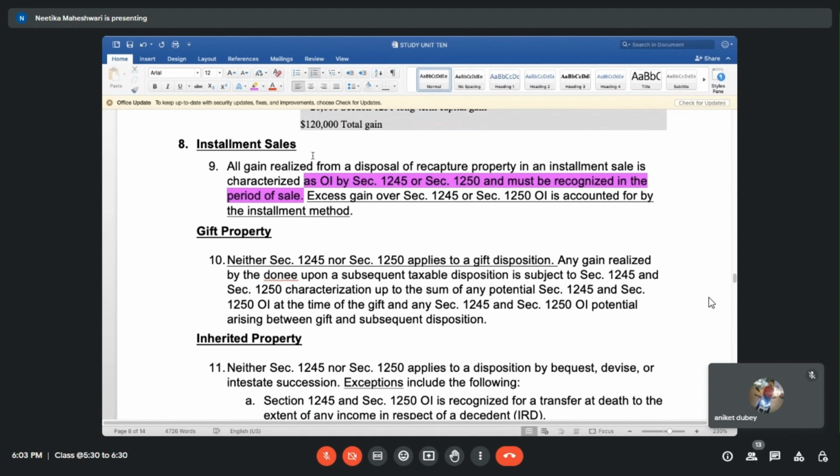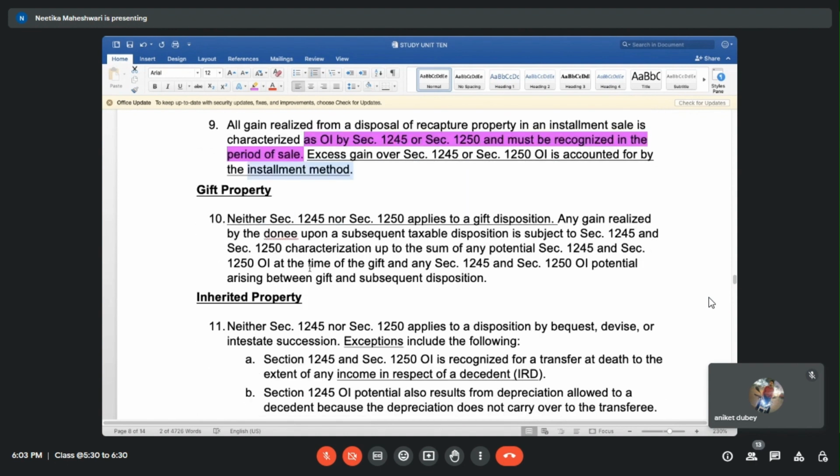Other gains we can spread out because this is an installment sale. The excess gain over ordinary income is accounted for by the installment method. We don't have to take all the gains in the very first year, because the money will be received over a period of time, which could go beyond 1 calendar year.